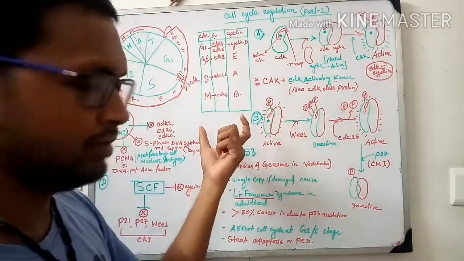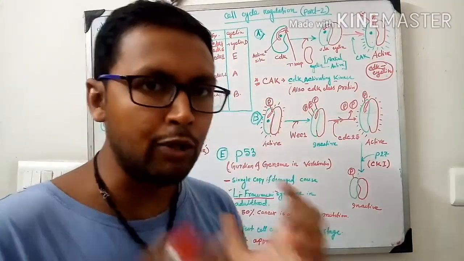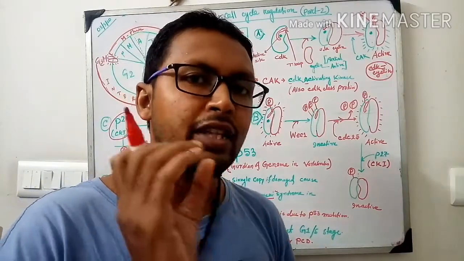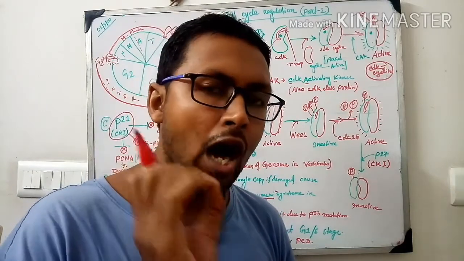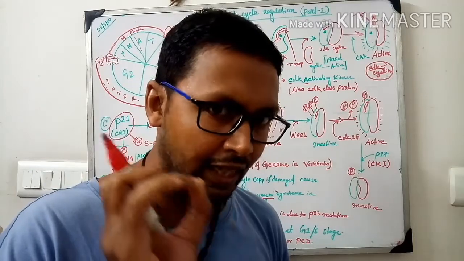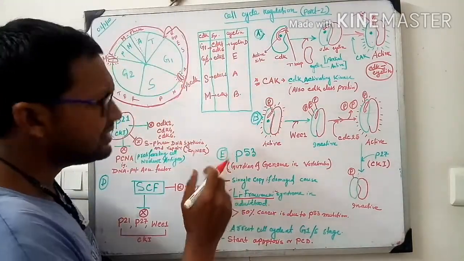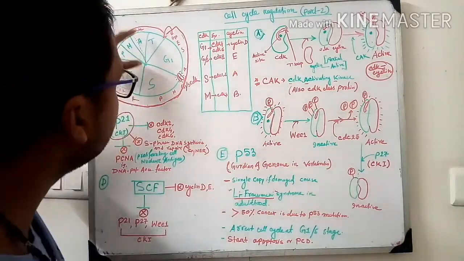Here I am giving the same chart again for understanding, and today we will look more closely at the different cell cycle regulatory proteins, how they function, and the nature of each one.